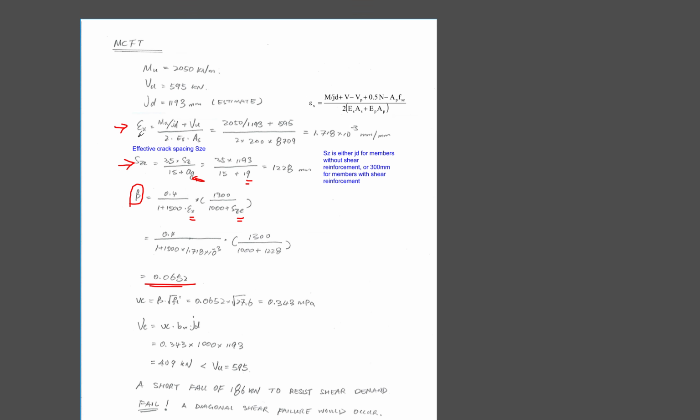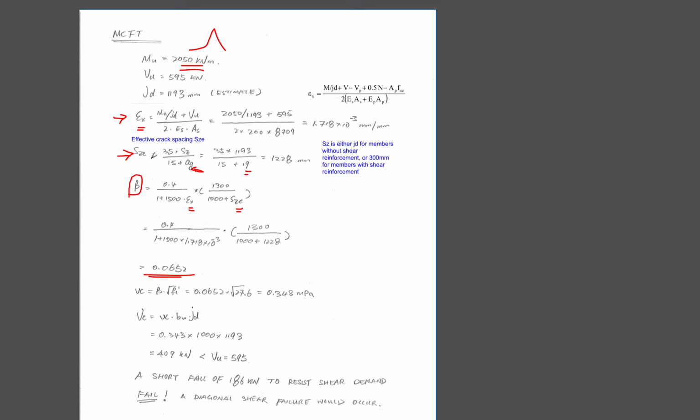You can see this strain calculation accounts for your ultimate hogging moment and your maximum shear at this location. Then you determine your effective crack spacing as ZE, and ZE is a function of the crack spacing SZ and aggregate size AG.